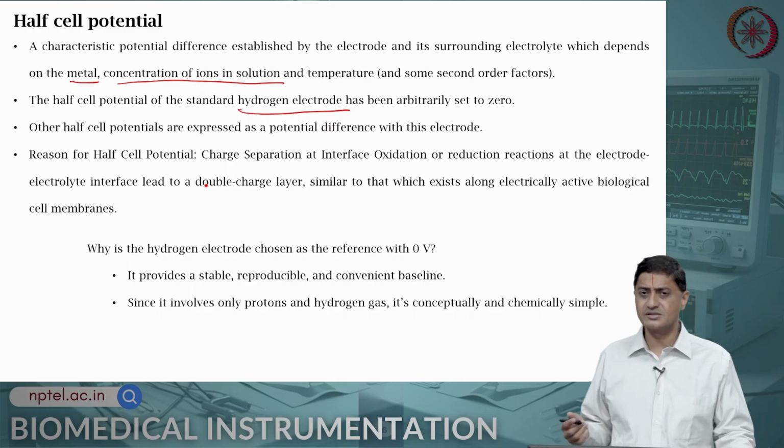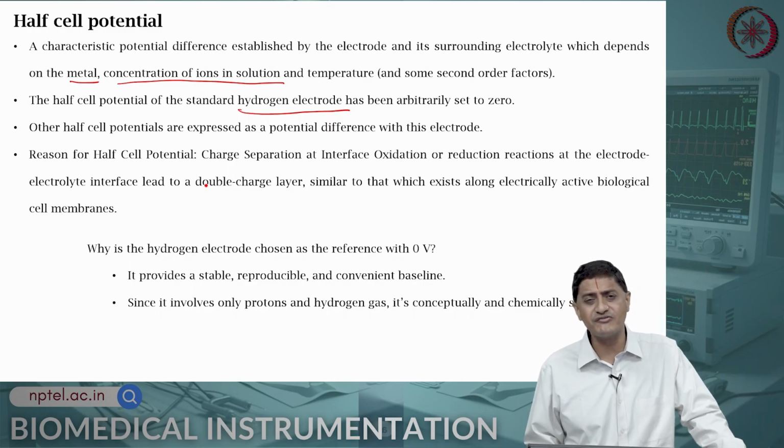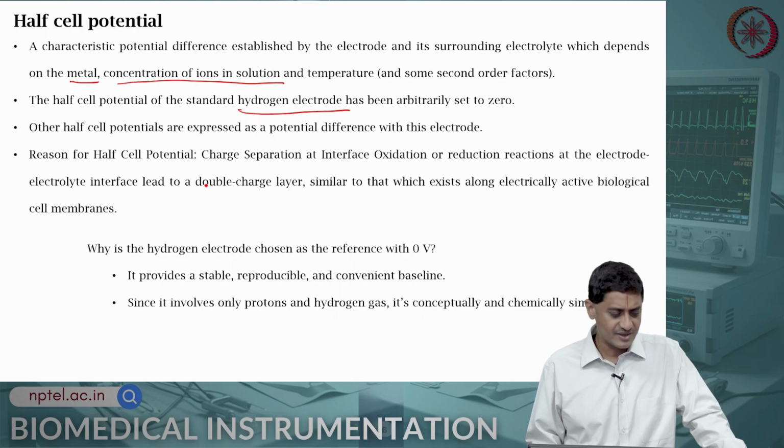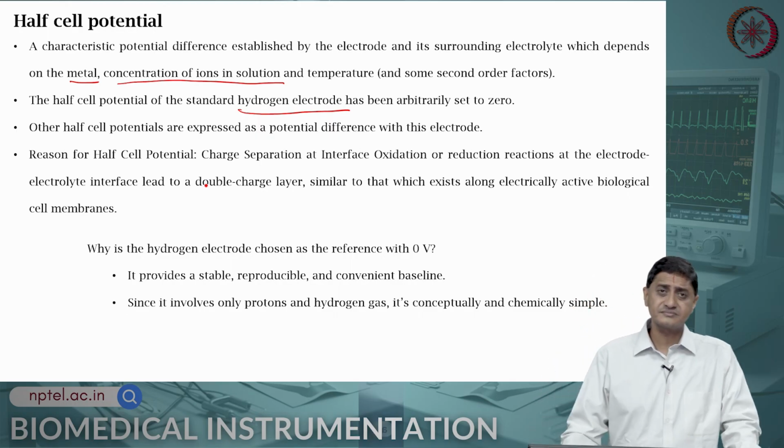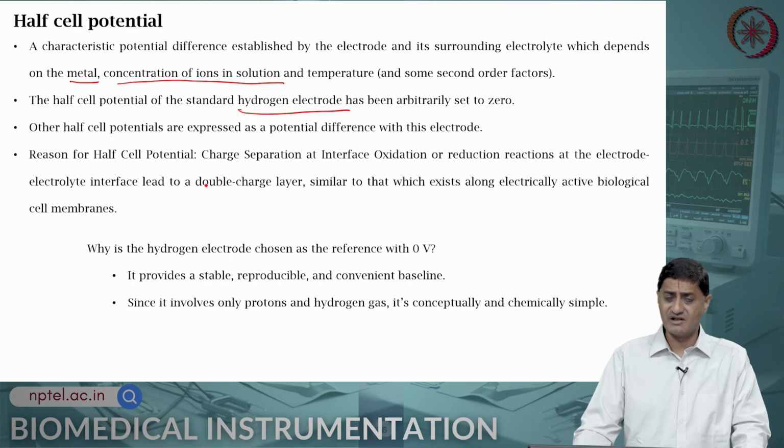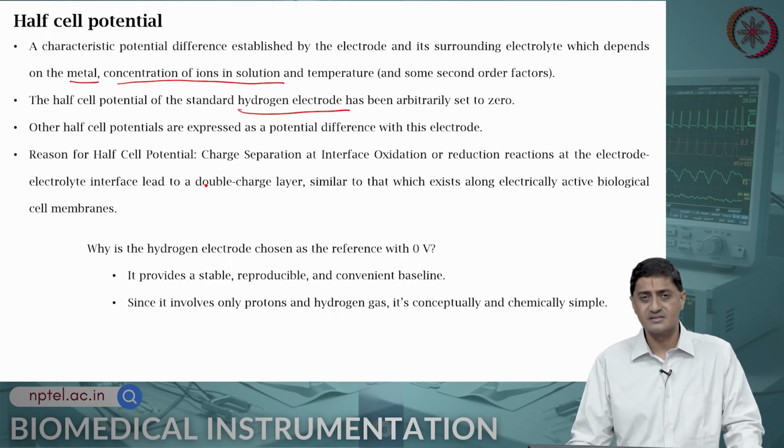So, that is why the hydrogen electrode has been assumed to have a half cell potential of 0 volts, and all other half cell potentials will have to be measured with respect to this.